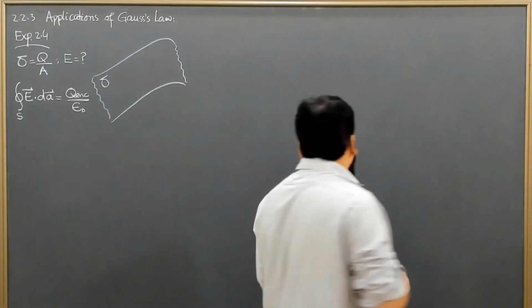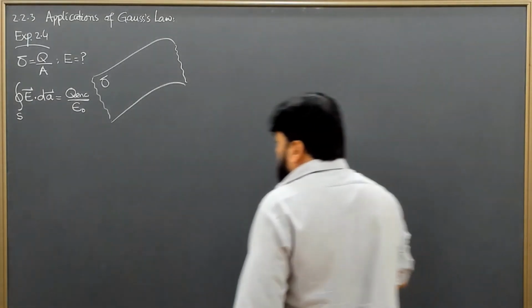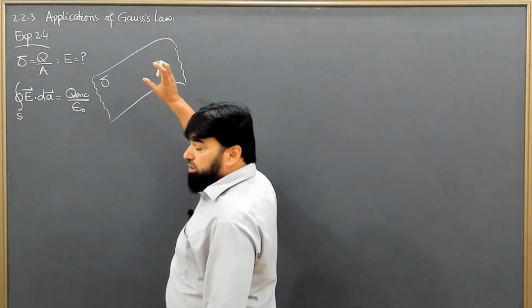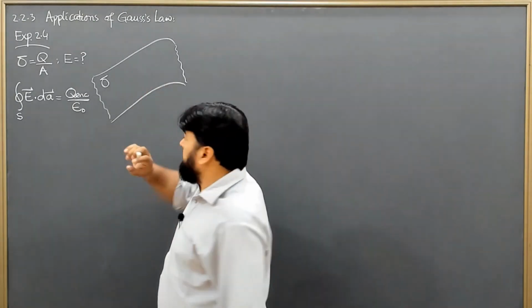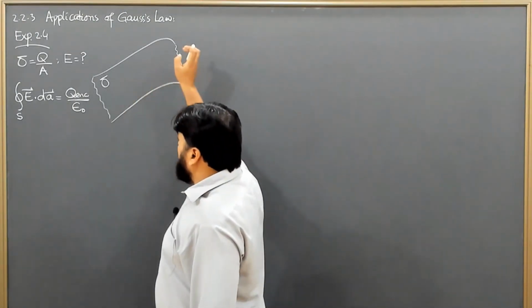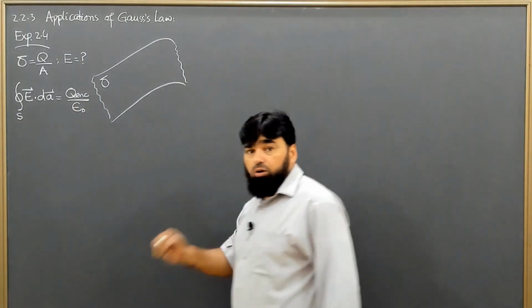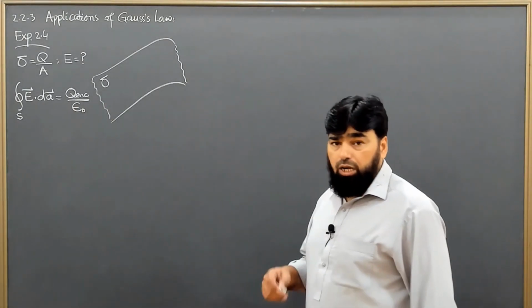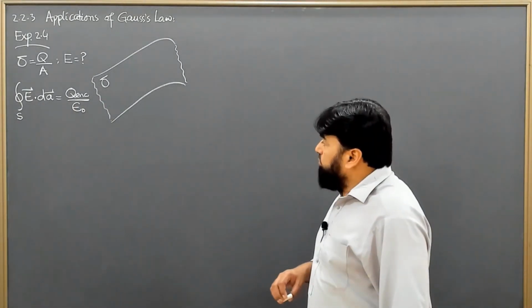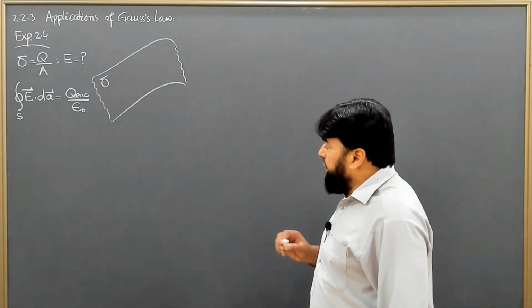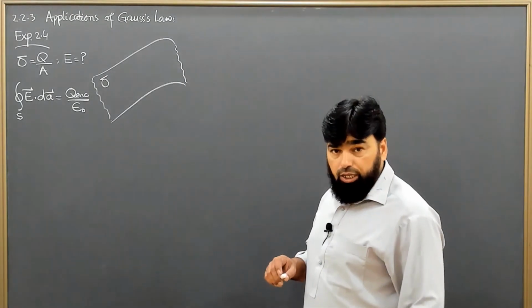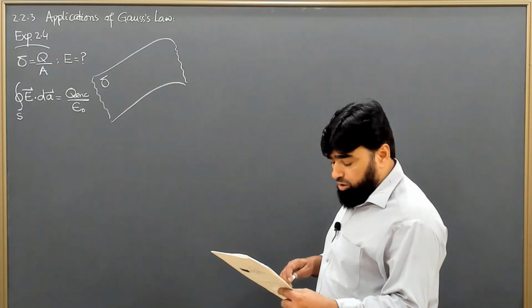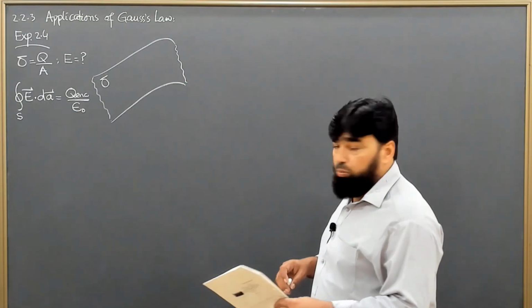Now we will apply this, but just as we considered a concentric sphere in the case of a sphere, and a coaxial cylinder in the case of cylindrical or line geometry, now we will consider a shape on the sheet, and that shape is called the pillbox.